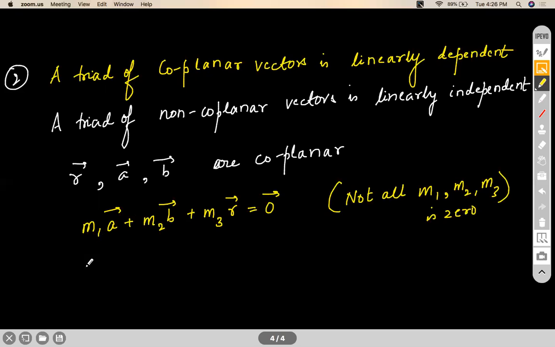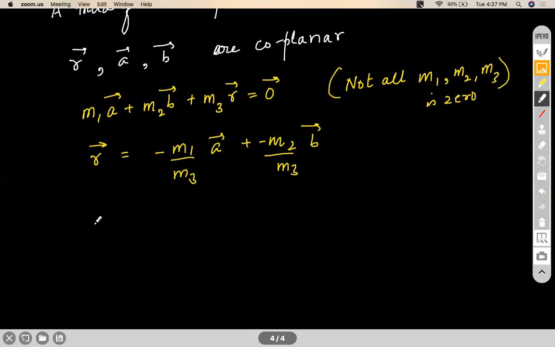Another way to look at it is, if M3 is non-zero, then I can write R as negative M1 by M3 times A, negative M2 by M3 times B. In other words, I can express R as some scalar times A and some scalar times B, that means R equals xA plus yB.